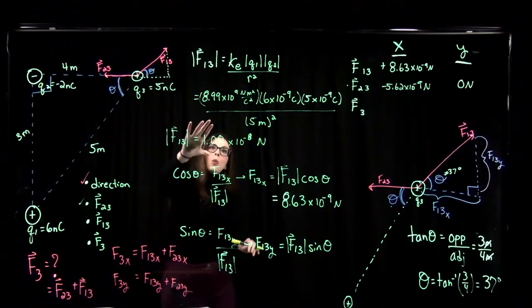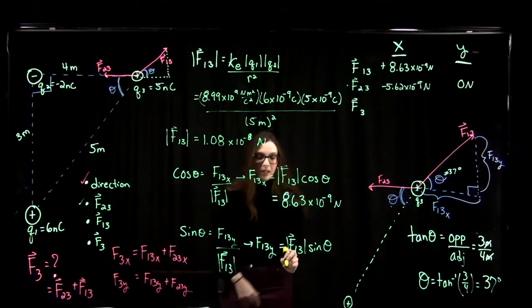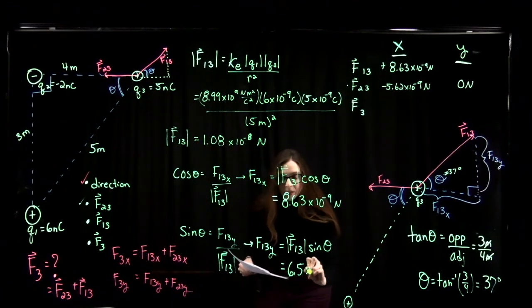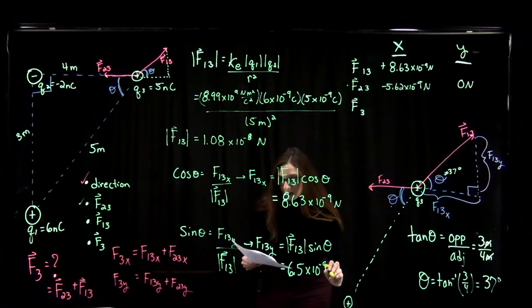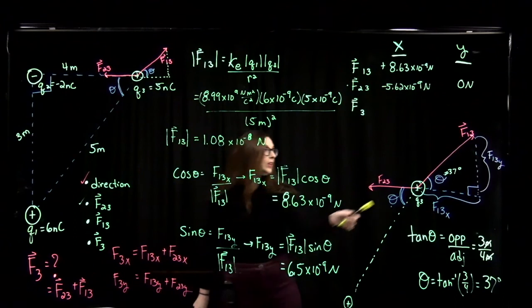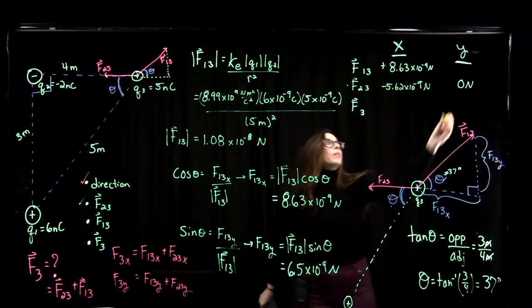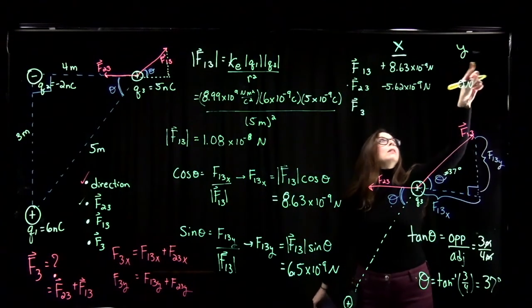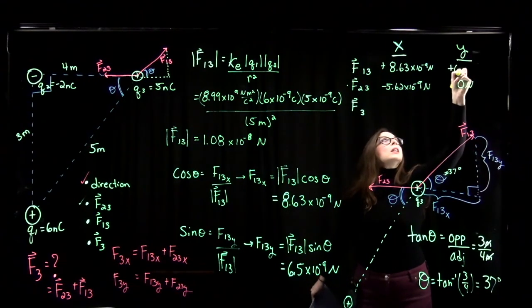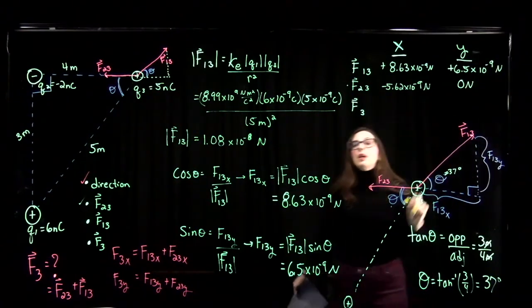So take 1.08 times 10 to the minus 8 newtons times sine 37 degrees, and that will give me 6.5 times 10 to the minus 9 newtons. And this component is also positive. The y component is upward for this vector F13. So over here in my table, for F13y I'm going to say positive 6.5 times 10 to the minus 9 newtons.